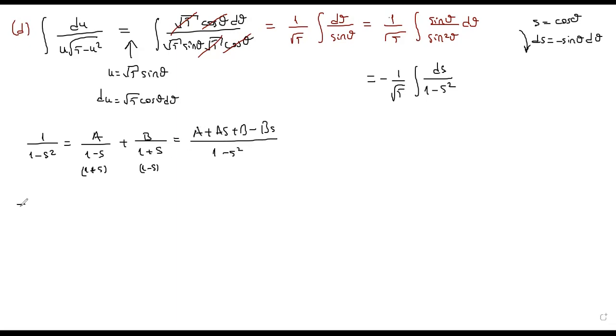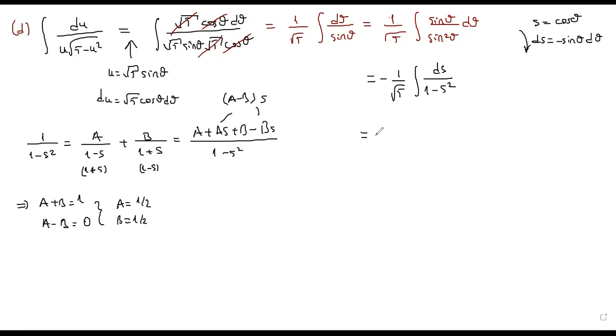Now the constants give a plus b equal to 1, and this and this give a minus b times s. There is no term here with s, so it should be equal to 0. Now solving this system, we get a equal to 1 over 2 and b equal to 1 over 2, right? So 1 over 1 minus s squared is equal to 1 over 2 over 1 minus s, plus 1 over 2 over 1 plus s.